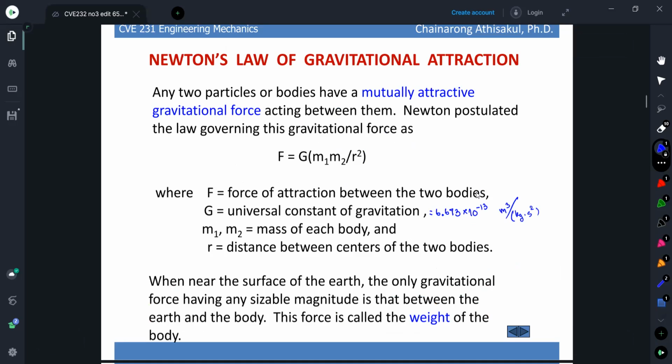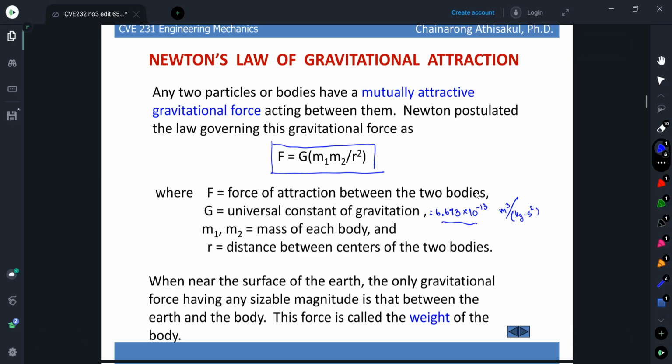Newton postulated the law governing this gravitational force as F equal to G, the universal constant of gravitation, whose value is 6.673 times 10 to the power minus 11, a very small value, times m1 and m2 over r squared. m1 and m2 are the masses of each body, and r represents the distance between the centers of the two bodies.